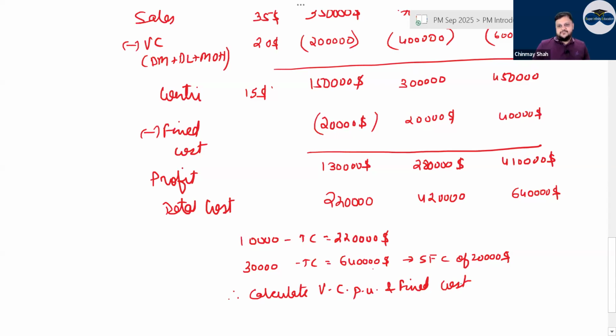How would you calculate? बोलो, सोचो। I had given to you that step fixed cost is 20,000 in the 640,000 in the total cost, correct? बोलो, how would you calculate?